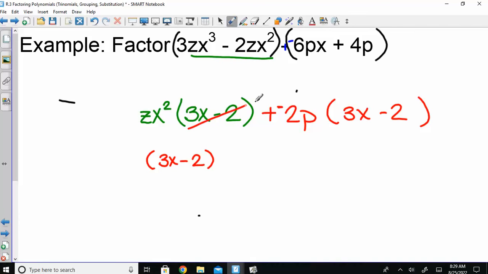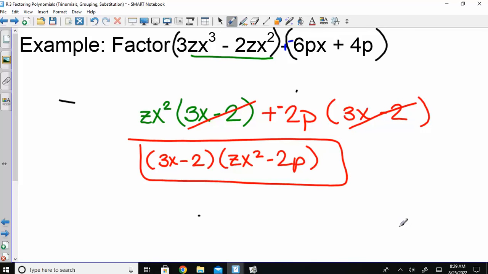So then we can factor out the 3x minus 2, and we're left with zx squared minus 2p. Good? Okay.